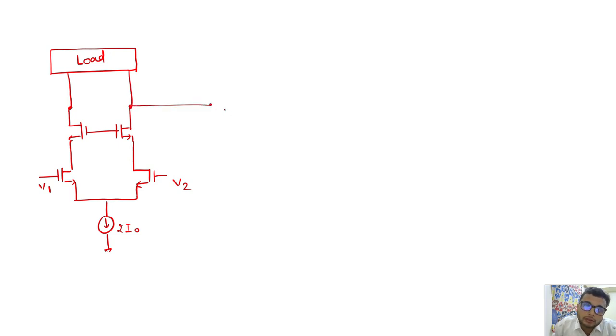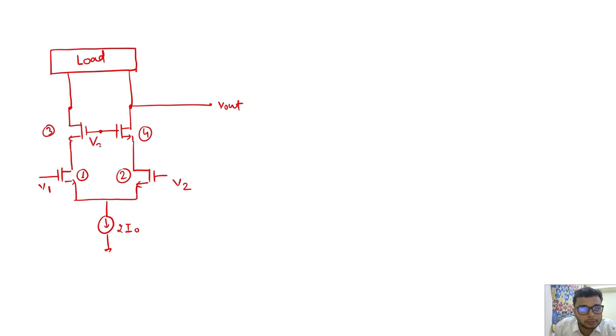So here, if I look at my V out, or if I calculate the gain from here, you will see that this is some bias voltage which I am not mentioning here. This is, suppose, M1, M2, now it is M3, M4, and this load has some transistors I am not showing here.